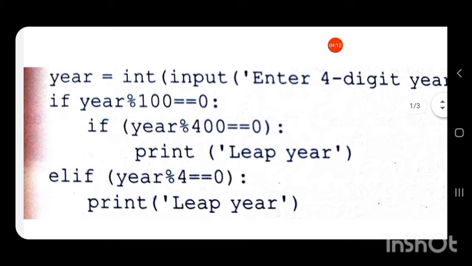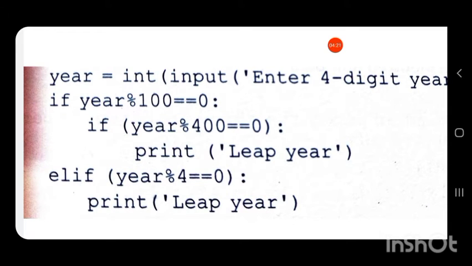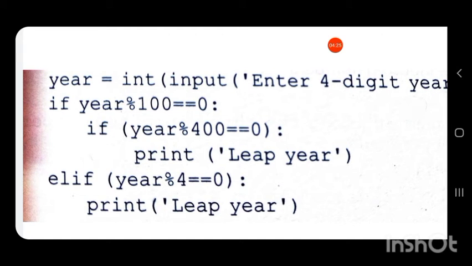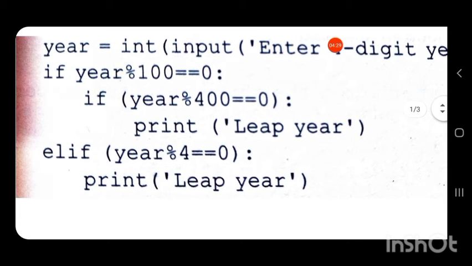But 1902 will give the remainder 2. So if it is a century, it will give the remainder 0. To check whether the entered year is a century, we write the code as if year mod 100 is equal to 0, that is, the year is a century.